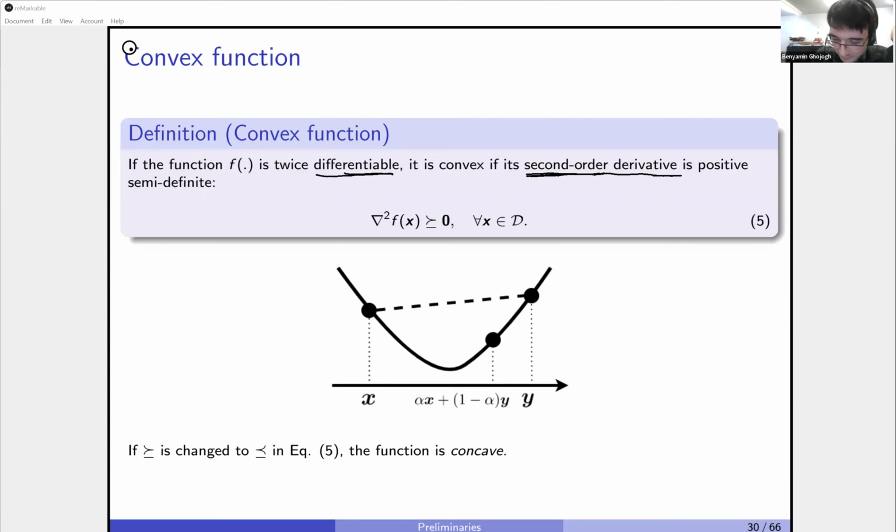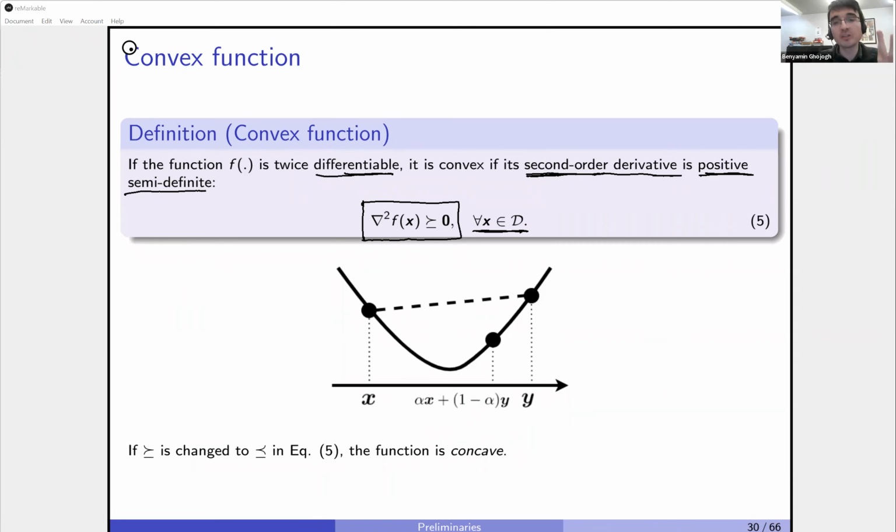The second order derivative is always positive semi-definite. Positive semi-definite, and what does it mean? Positive semi-definite means that all its eigenvalues, again, if you don't know what eigenvalues are, please read it offline or ask me off class, because it's a bit out of the scope of this course. But it means that all of its eigenvalues are non-negative for all points x.